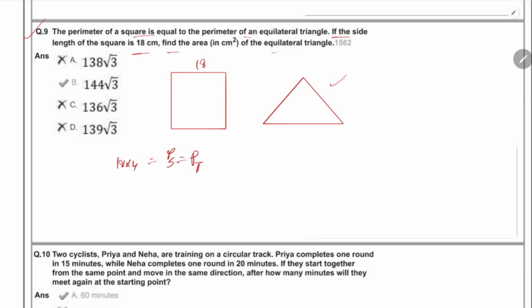We have to find the area of the equilateral triangle. The perimeter of the triangle is equal to 72.